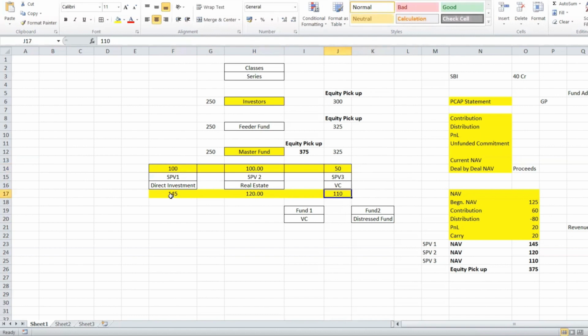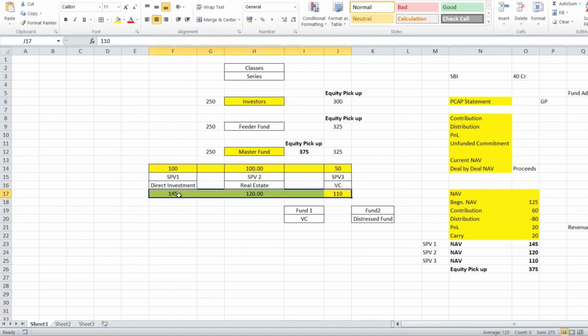All total you got 375, and you give 375 to the master fund. The master fund is picking up your equity, taking a NAV.